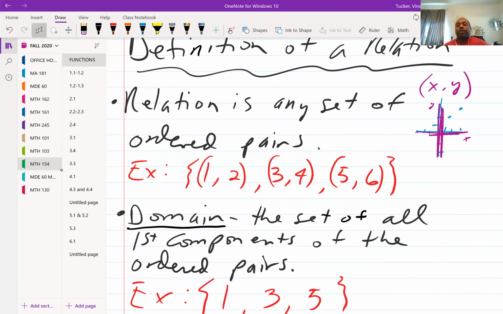Your domain is the set of all first components of the ordered pairs. In this case, that would be 1, 3, and 5.